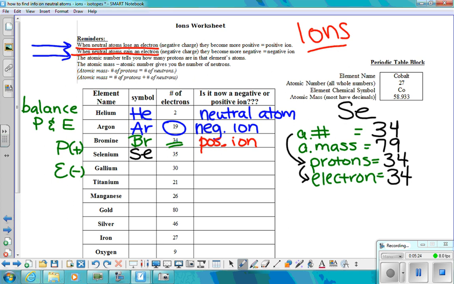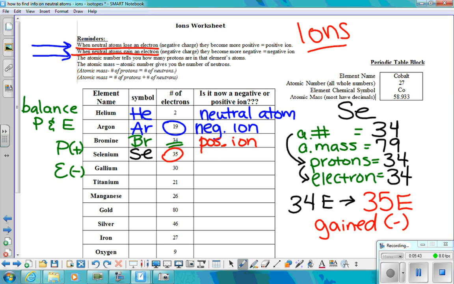This time, it's saying that I went from 34 electrons to 35 electrons. So that means I gained a negative charge.